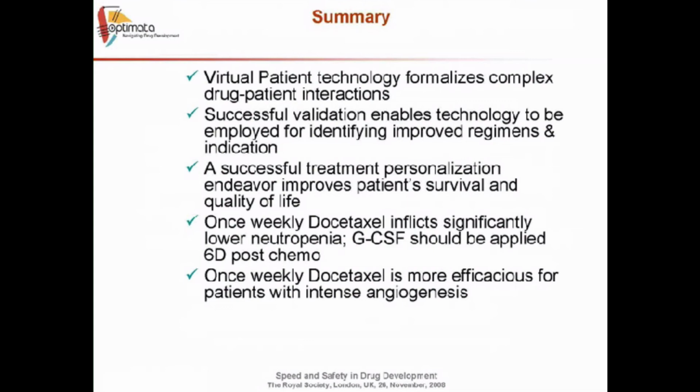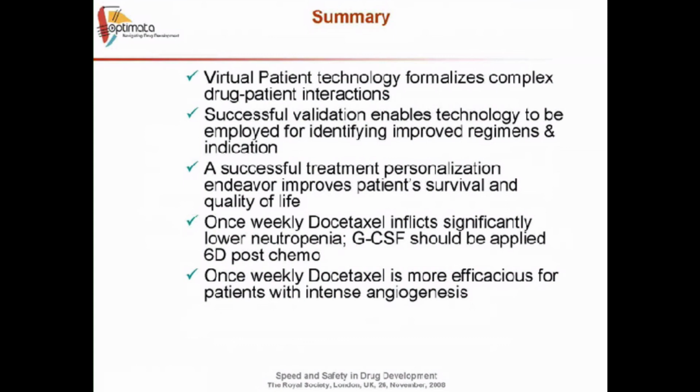So to sum up, virtual patient technology formalizes complex drug-patient interactions, and successful validation of this technology enables it to be employed for identifying improved regimens and indications for drugs in question. A successful treatment personalization endeavor improves patient survival and quality of life.